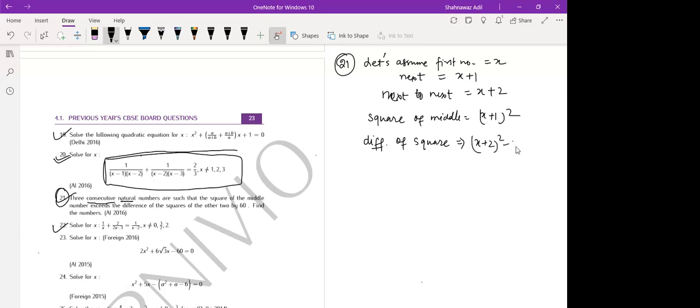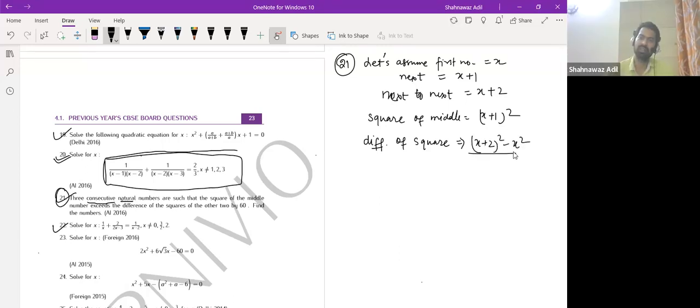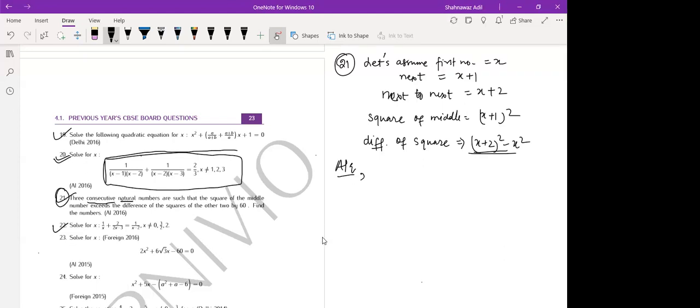Yeah, this is the difference of squares. Now it is saying that the square of the middle term exceeds this difference by 60. So you tell me what would be the equation. x plus 1 the whole square plus 60 equals x plus 2 the whole square minus x square.